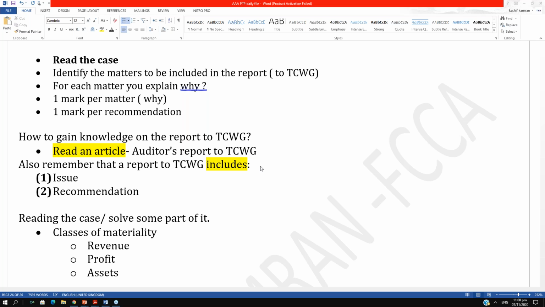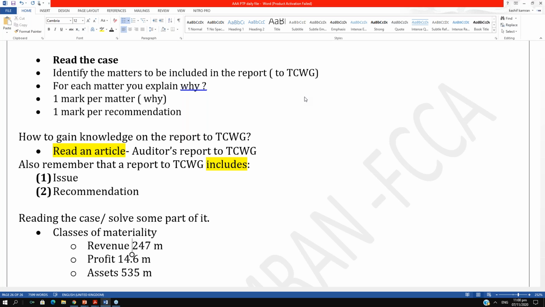The examiner has given us the numbers. The revenue is $247 million. The profit is $14.6 million, and the total assets are $535 million, right? So from the first paragraph, we got to know the classes of materiality, which can help later to comment, even in a report to those charged with governance.